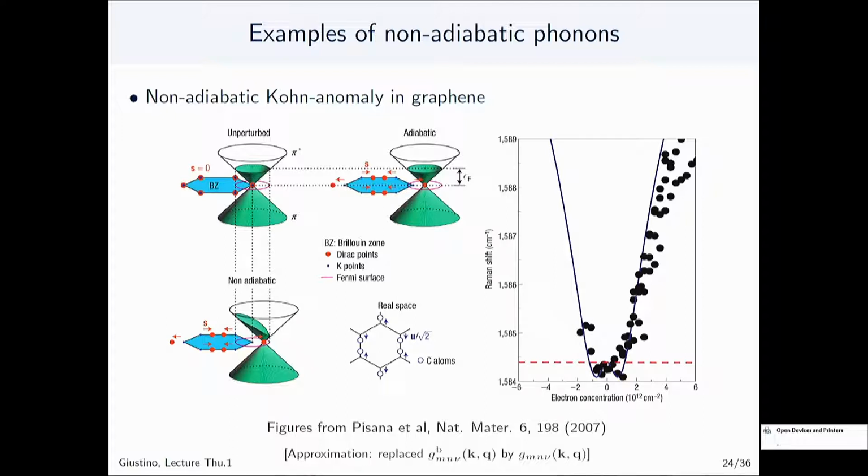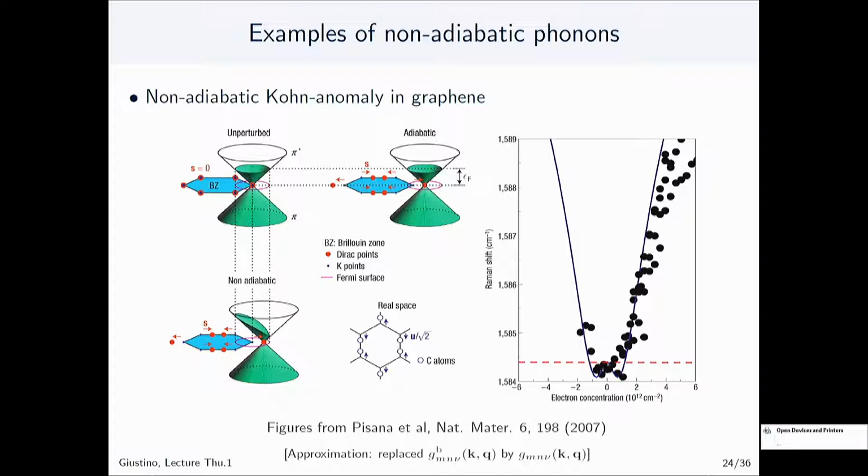So this is a case where these effects are important. In this case, they used a very nice visualization of what is going on, which is very appealing, and goes a little bit beyond the maths. Their interpretation is the following. If you have a Dirac cone which is filled up a little bit, and you have a vibrational mode which is the stretching of the carbon atoms, in reciprocal space this corresponds to doubling the unit cell and moving the Dirac cones a little bit further away.